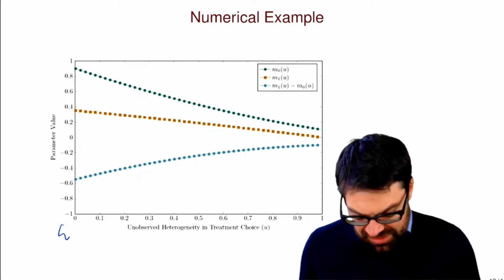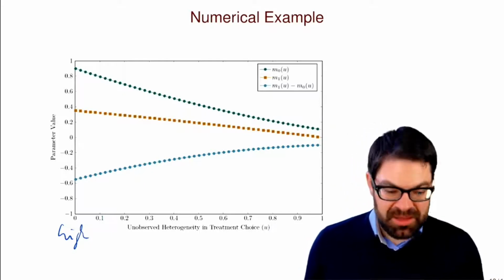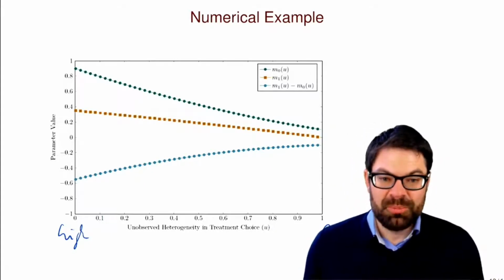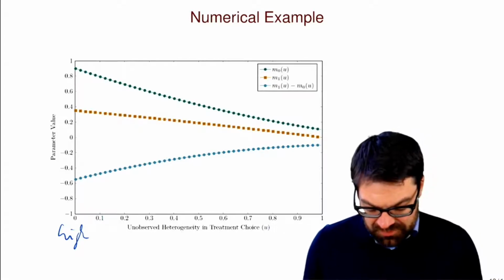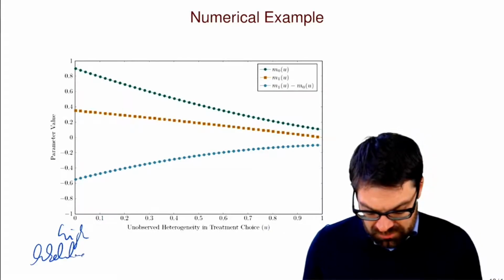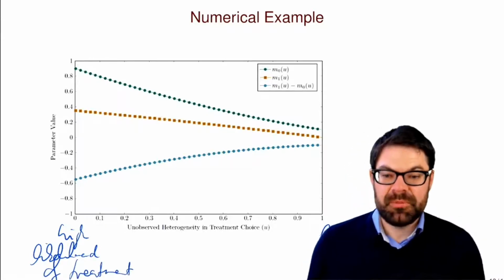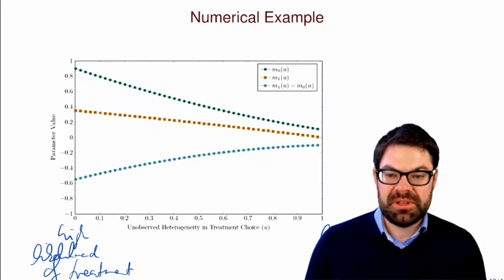So here the likelihood is very high, here it's very low to take the treatment. So this is a very high likelihood of treatment down here, and then a low likelihood of treatment down there.